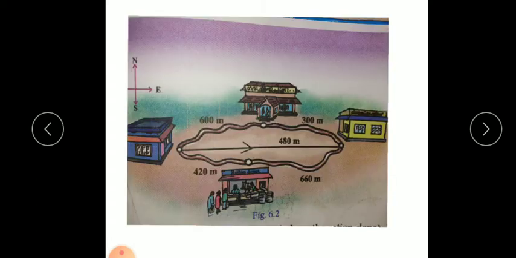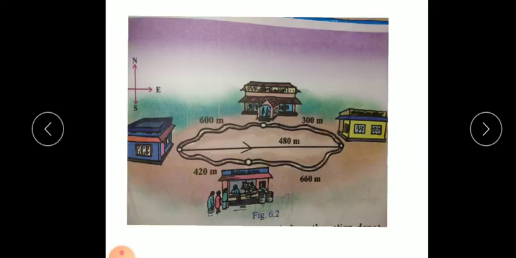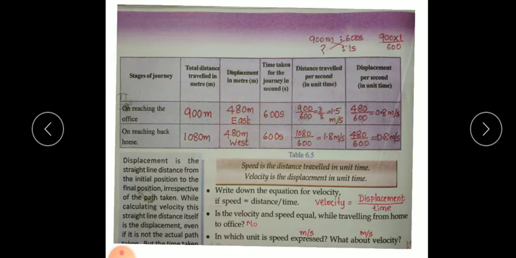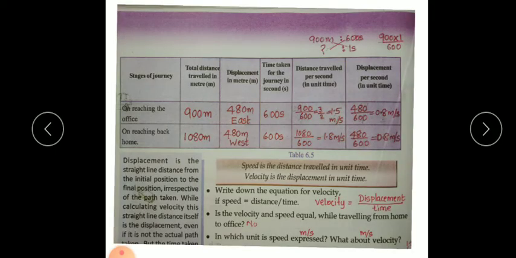In your textbook, one question is given on page number 79. And on page number 80, you can see one box. Using this picture, you have to complete this table.